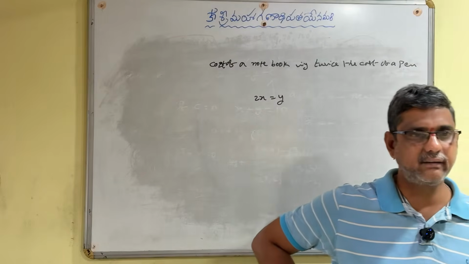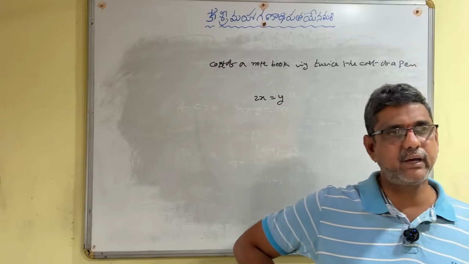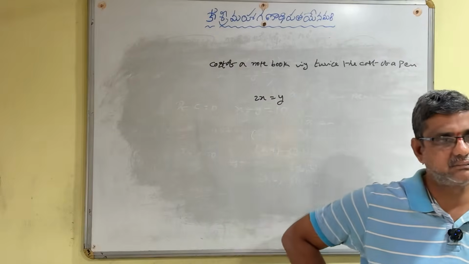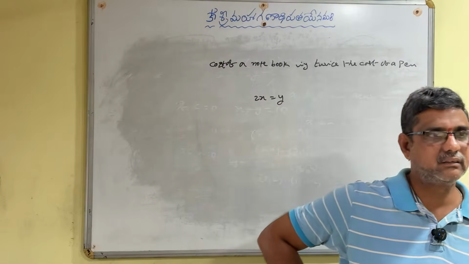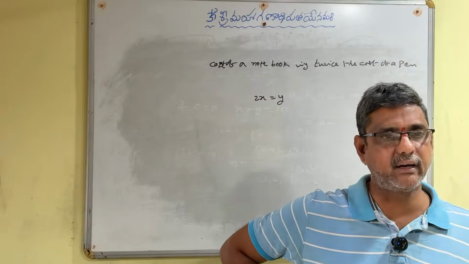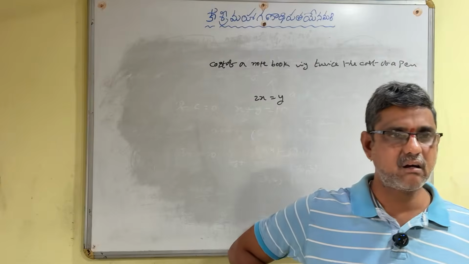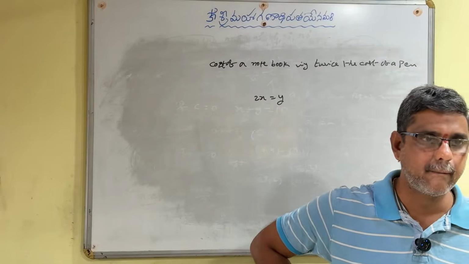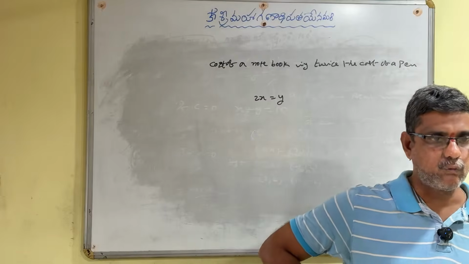Is that right? Cost of notebook is twice the cost of pen. Now what is x and what is y? Please tell.